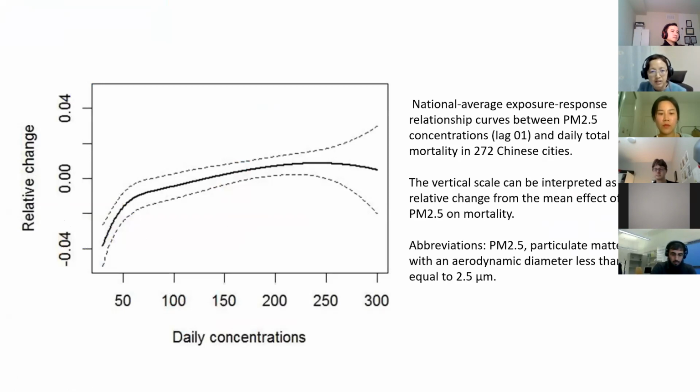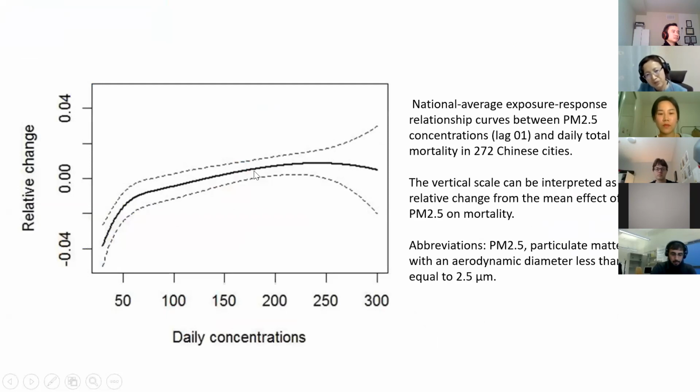Now, based on this curve, it's very interesting to see a very steep, straight line under 15, which means at the lower level, and then it reaches a relatively flat, stable platform.